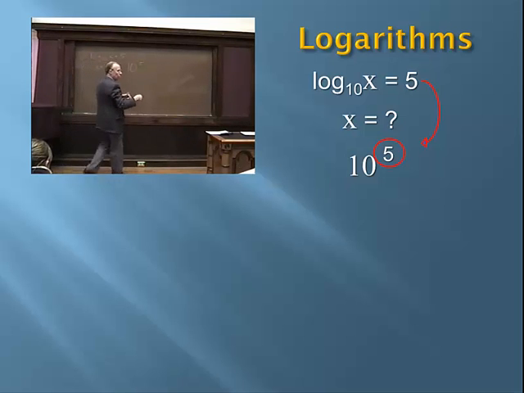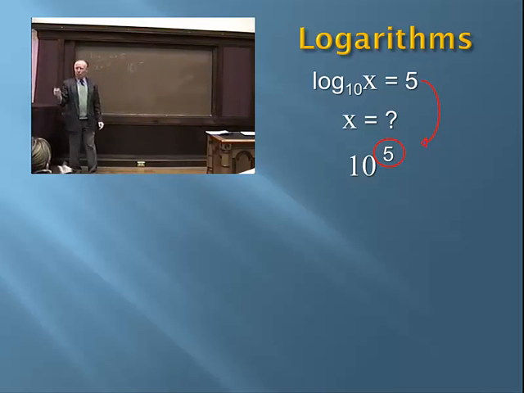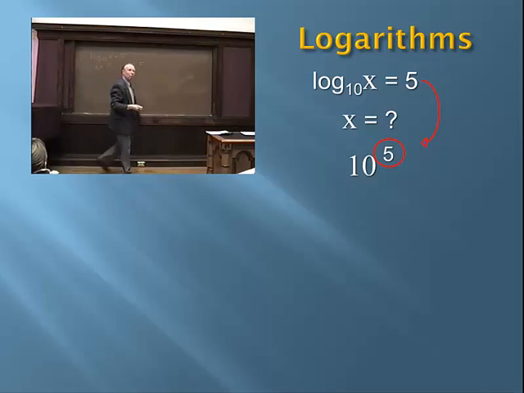So x must be 10 to the 5th, which in everyday parlance is 100,000. So if the log of x is 5, then x is 100,000. Any questions about that?